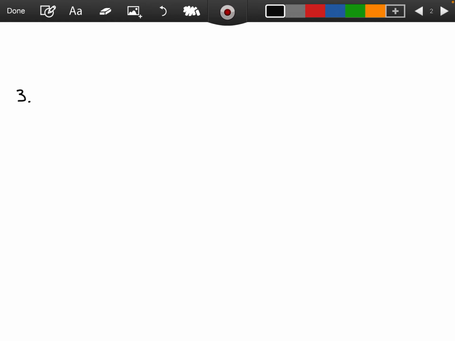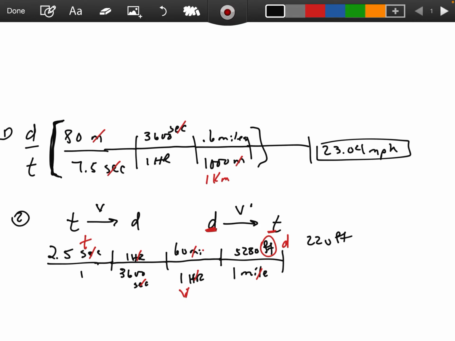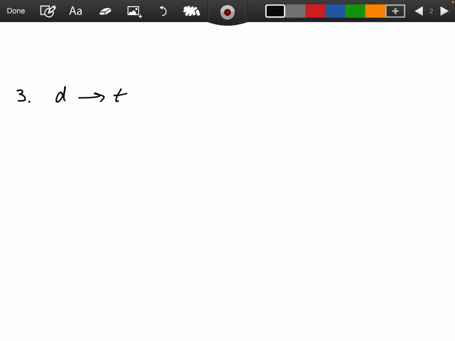Number 3, how many minutes are required to travel 750 miles? So here I give you a distance, and you're going to time. So 750 miles. You've got distance to time.